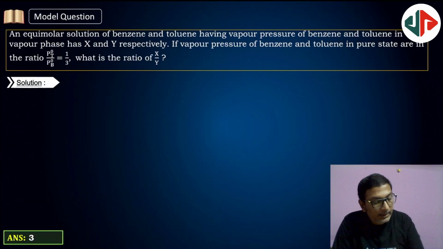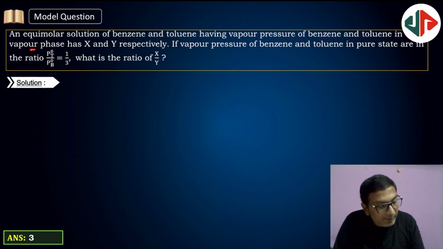Next. So an equimolar solution of benzene and toluene. This is also important. The vapor pressures of benzene and toluene in the vapor phase are X and Y respectively. If the vapor pressures of benzene and toluene in the pure state are in the ratio 1:3, what is X by Y?